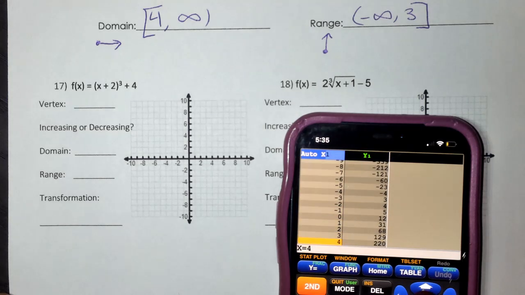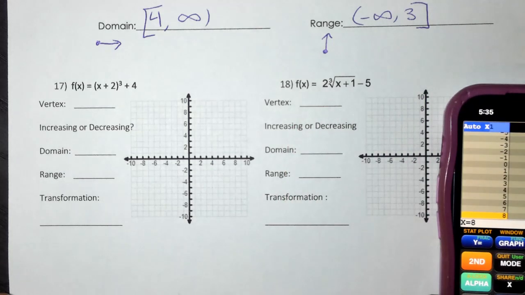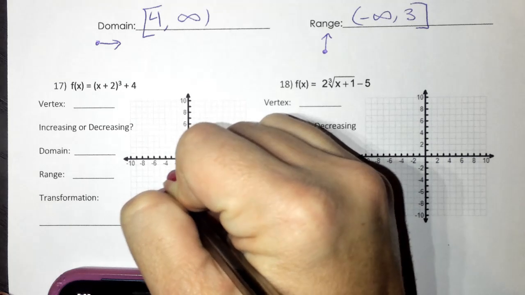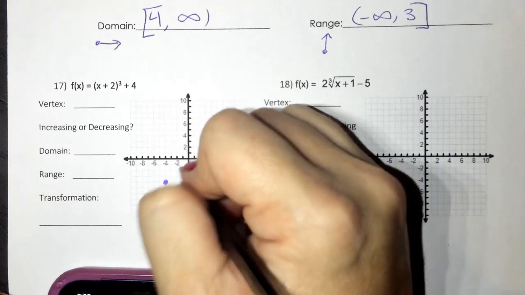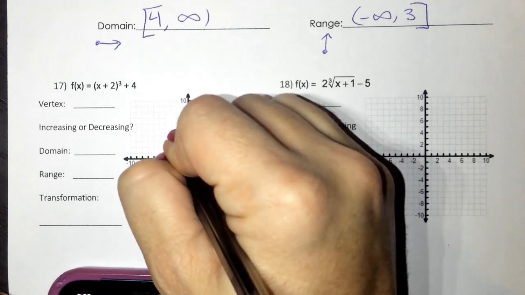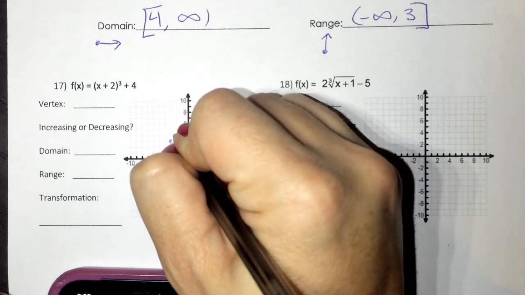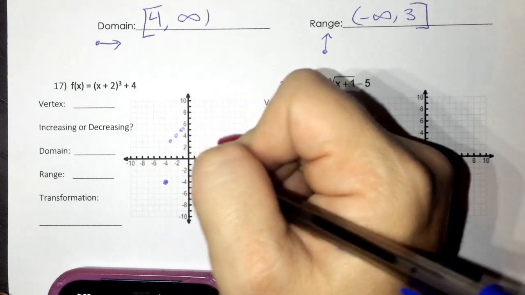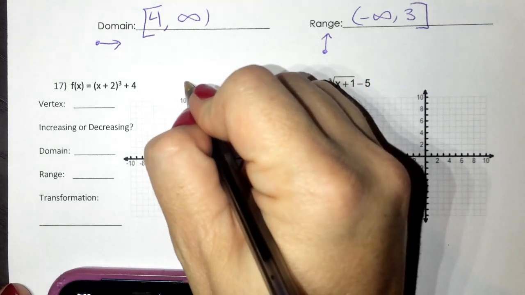So anything between 10 and -10. Both numbers have to be between that. So here's -4, -4. And then I have -3, 3, -2, 4, -1, 5. And then I can't plot my next point, so it's going to be up here above the graph.